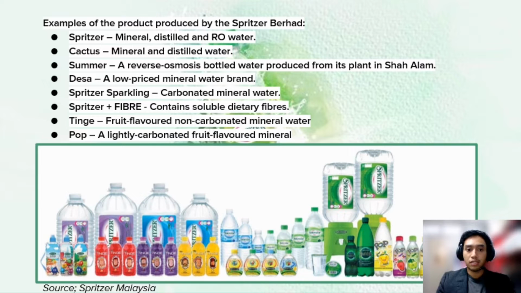Spritzer Plus Fiber, which is a drink that contains soluble dietary fiber. Tinge, which is fruit flavored non-carbonated mineral water. And lastly, Pop, a lightly carbonated fruit flavored mineral water. The photo below shows all the products that are produced by Spritzer Malaysia.